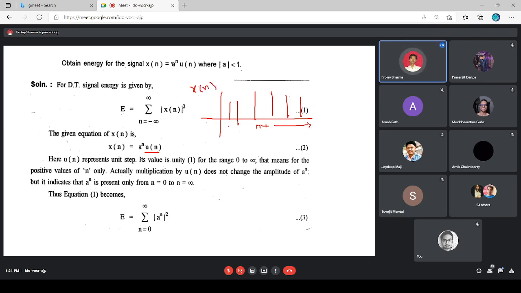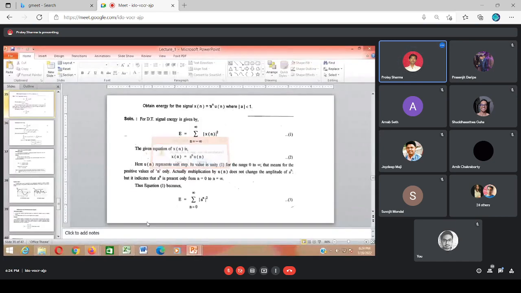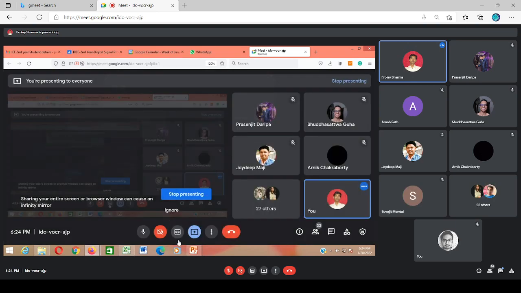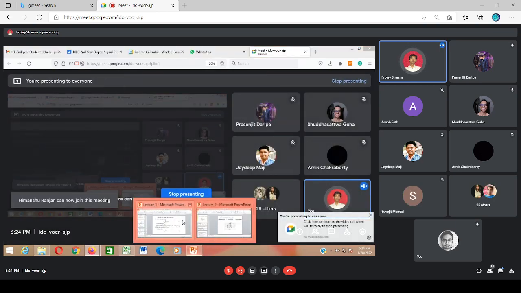If any single sample value is present for negative values of n, then the signal will be a non-causal signal.